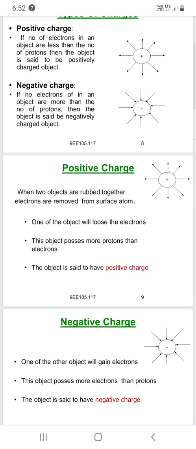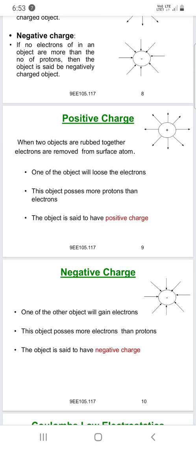From the positive charge, the field lines go away from the charge. For the negative charge, the number of electrons is more than the number of protons, so the object is negatively charged.